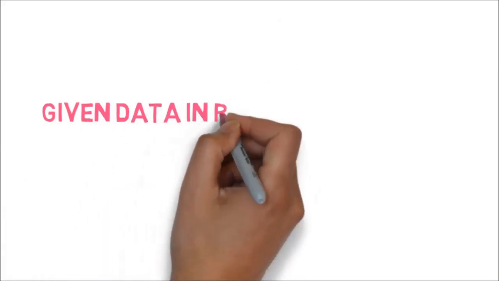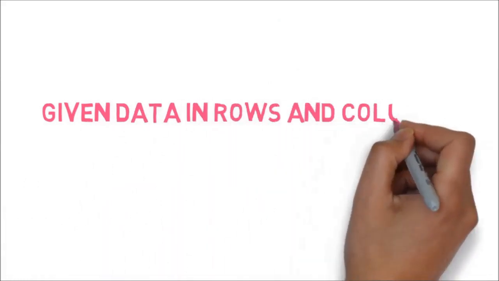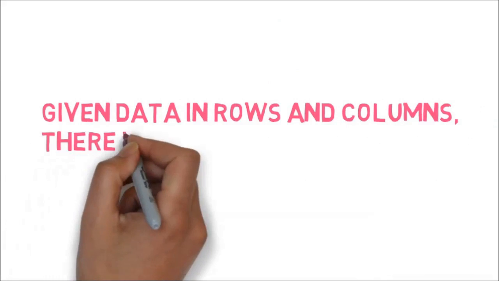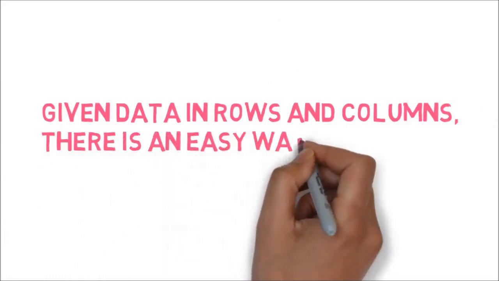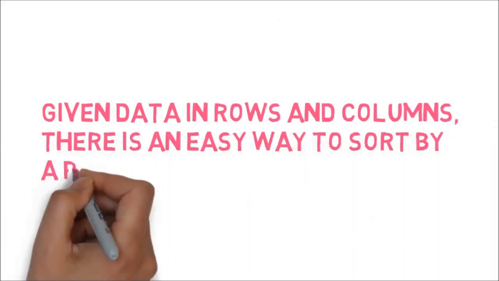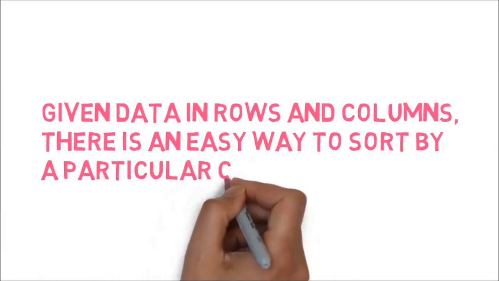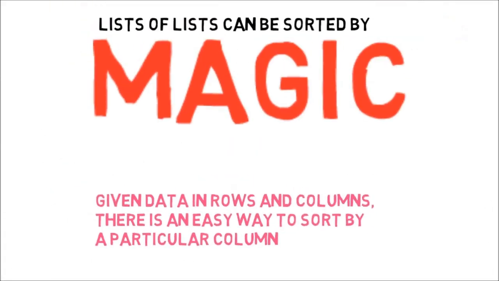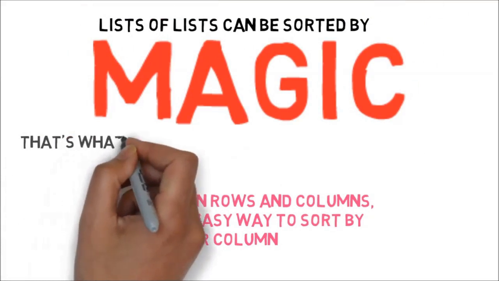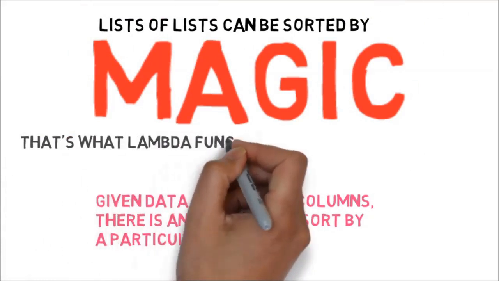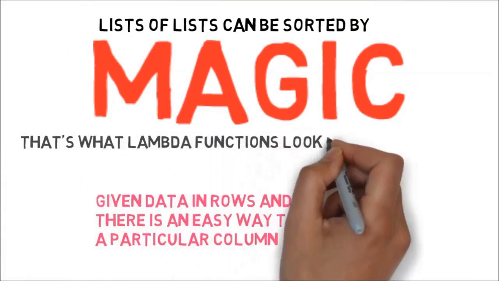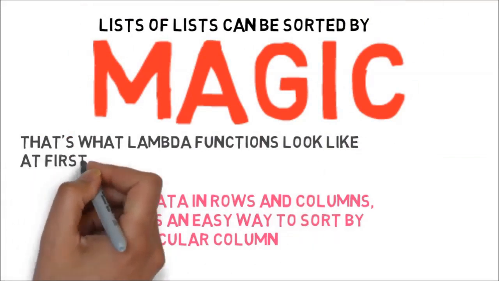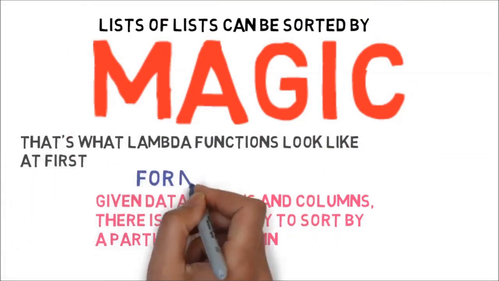So, given data which is arranged in rows and columns, there's a way to sort this data by a particular column in a very easy way using just one line of code. It's exactly like magic. That's what lambda functions look like at first. You'll get used to them if you use them more and more.